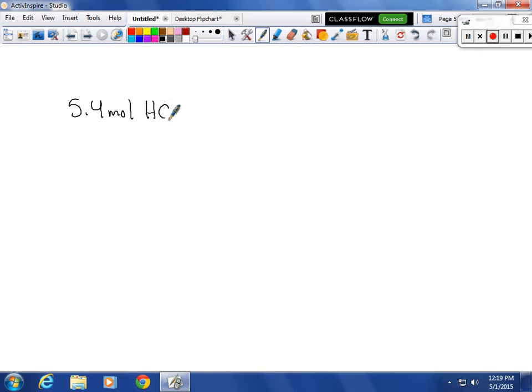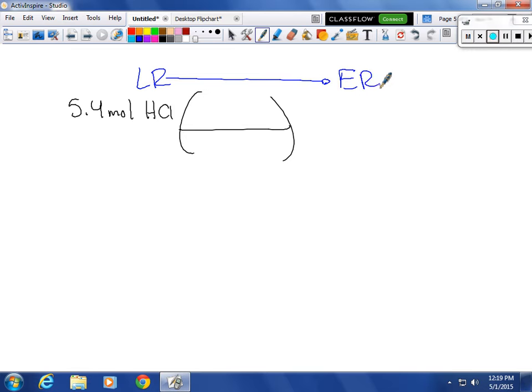So I have moles of HCl. Now, I need to get to NaOH, right? Because I'm converting from LR, and I need to get to my ER. Now, since I'm already in moles, what can I do? No, I don't need grams. Very good. I need to go to moles of Ca(OH)2. Now, this is an easy step. Is this anything different from what we've ever done?